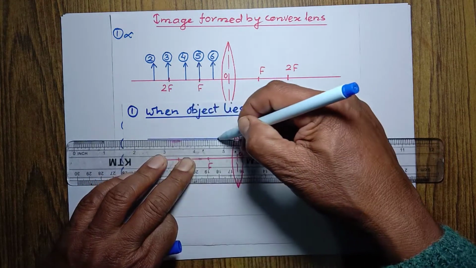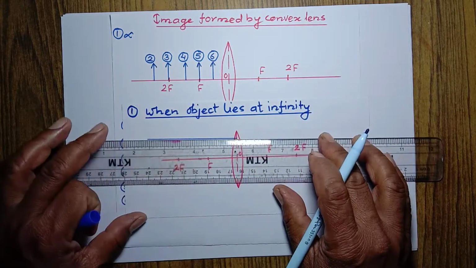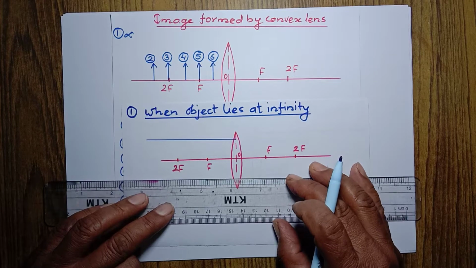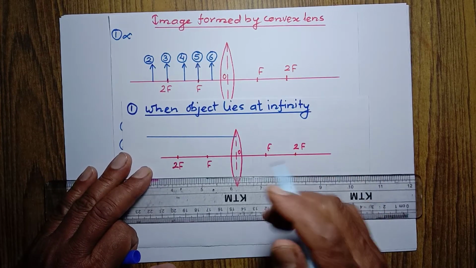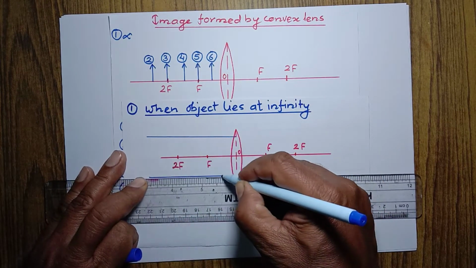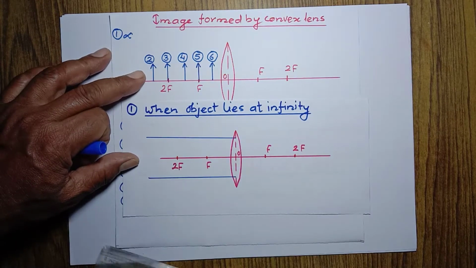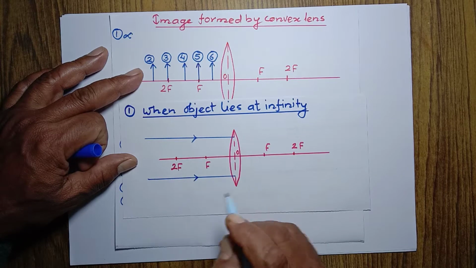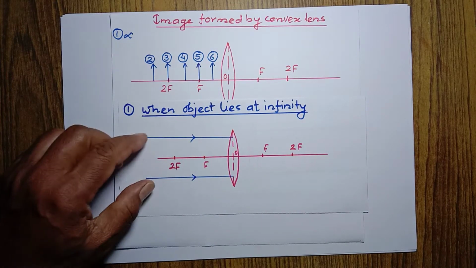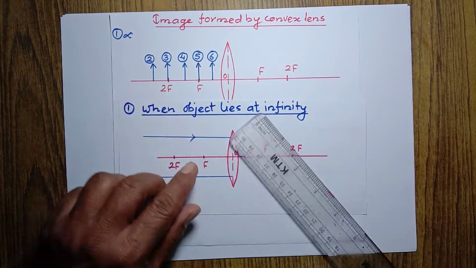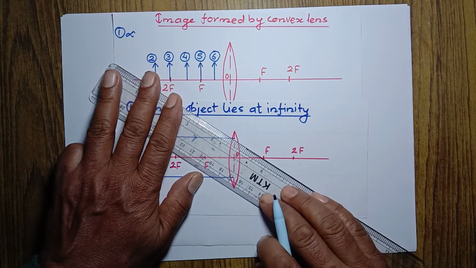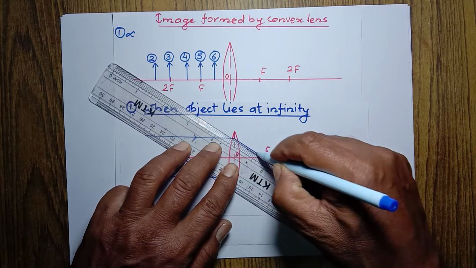This is one ray of light, and this is another ray of light, coming from the object, and we are taking them parallel to the principal axis also. These 2 rays are coming from the object which is at infinity, and they are parallel to the principal axis. That's why they pass through the focus. Both of them pass through the focus like this.